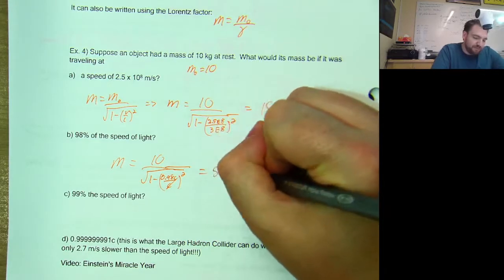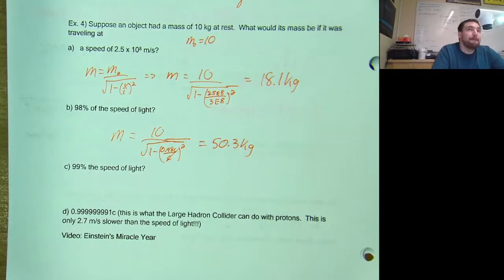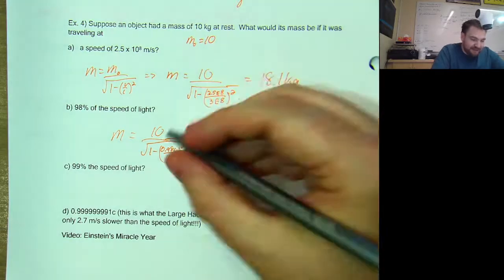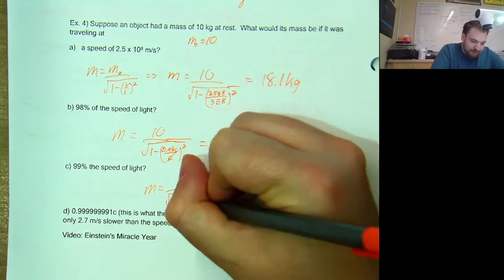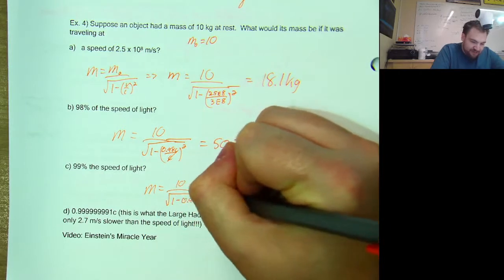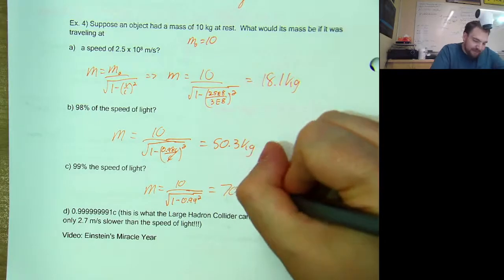Good. Now 99% the speed of light. Let's up it again: 10 over the square root of 1 minus 0.99 squared. 70.9 kilograms.